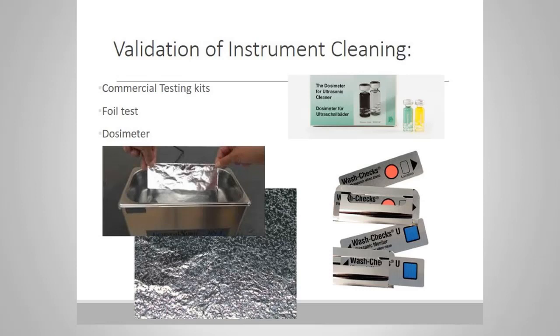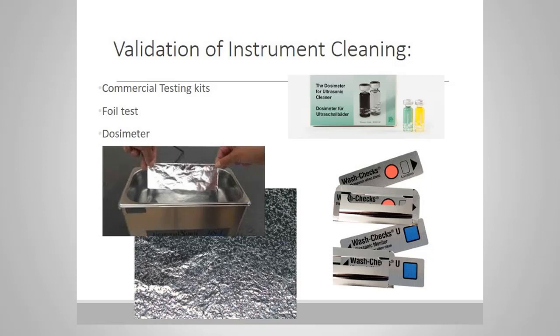Now, how do you know that your ultrasonic is indeed working? And the answer is you may not know unless you test it. There are different ways of validating, that is, ensuring that your device is working properly. Historically, people used what was called the foil test.